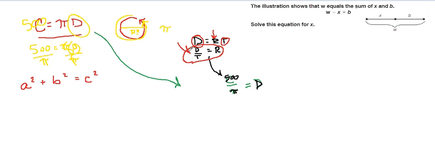Maybe it's quicker just to do the division right away. So we're rearranging before we input values. We're isolating the variable we want to solve for before we put what they are worth.